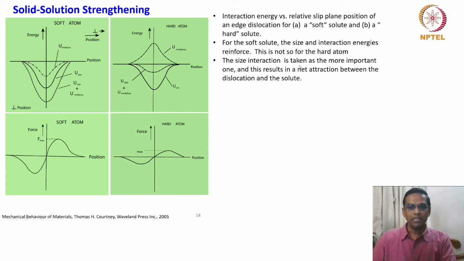So the size interaction is taken as the more important one, and this results in the net attraction between the dislocation and the solute. Even though the energy of a high modulus solute and size varies like this, the net is still attractive.